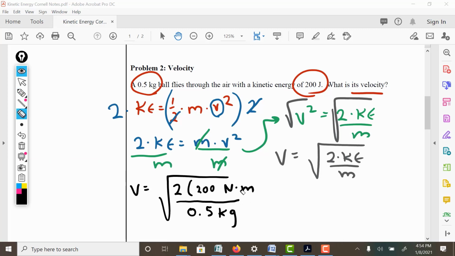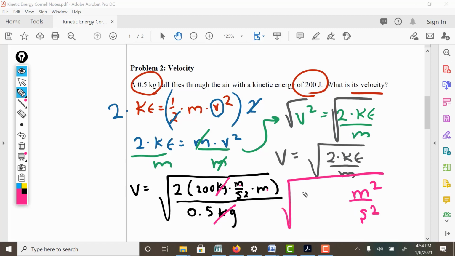And a Newton is a kilogram meter per second squared. What happens is these kilograms cancel out, and we're left with a meter times meter, which is a meter squared over a second squared. If I put this in a calculator, I'm going to get approximately 28.28.